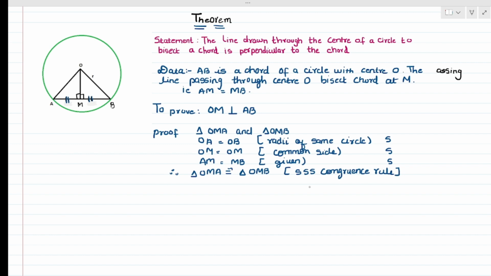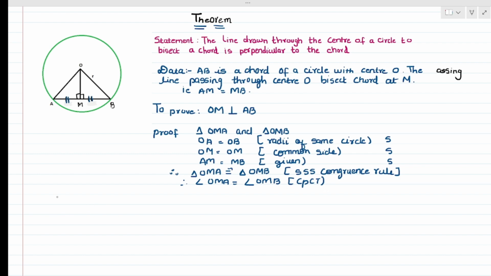Now, what will we get by CPCT? As all the sides are similar, we will get the angles equal by CPCT. Therefore, angle OMA is equal to angle OMB by CPCT, corresponding parts of congruent triangles.